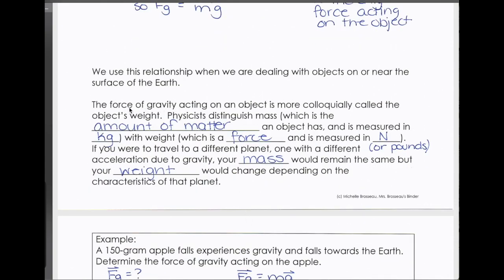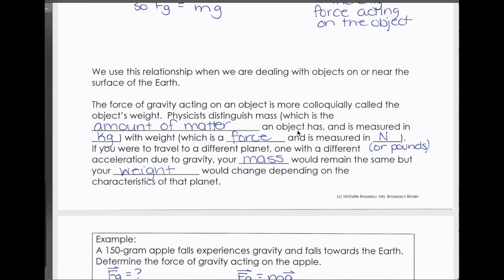Okay, so the force of gravity is generally called the object's weight. So in physics, we distinguish mass, which is the amount of matter an object has, measured in kilograms, with weight, which is the force that is experienced by the object, and it's measured in newtons or in pounds, and it can be converted back and forth.